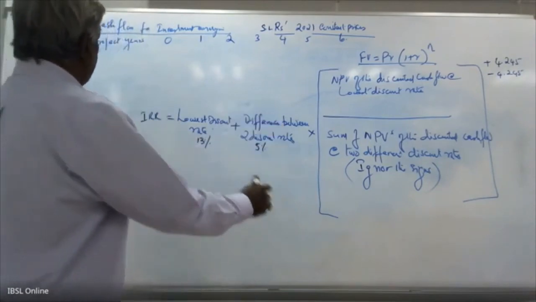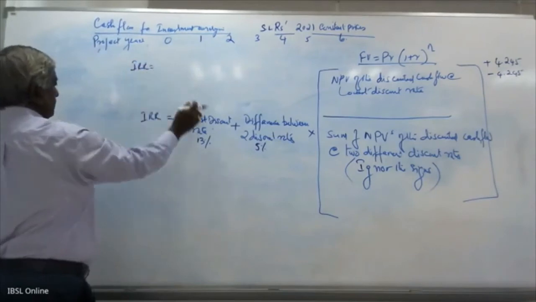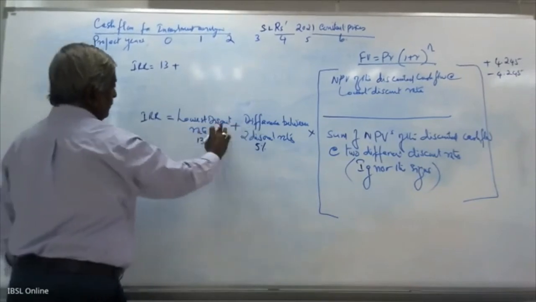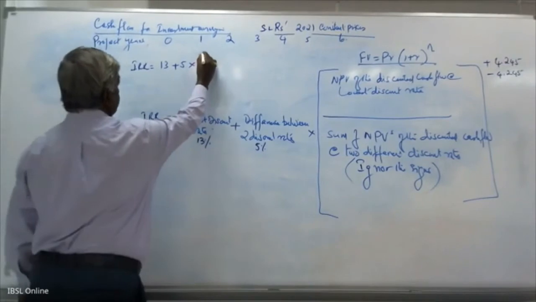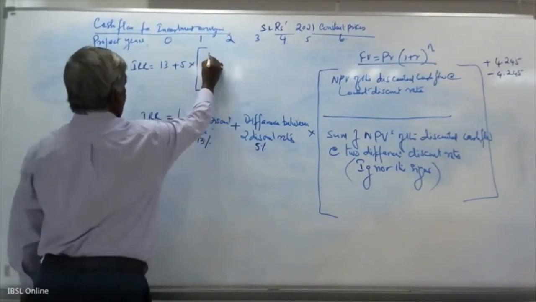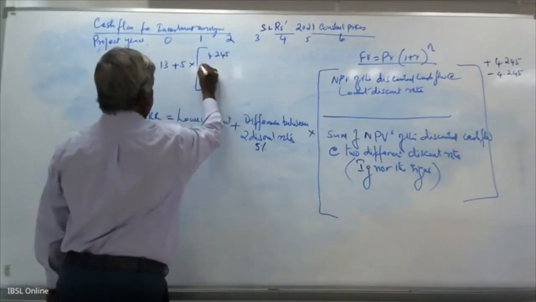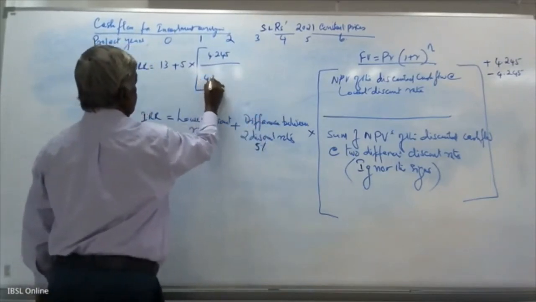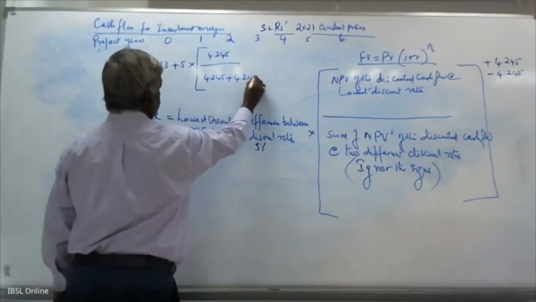So if we take IRR is equal to 13% plus difference between, 5% into, 4.245 divided by 4.245 plus 4.245.